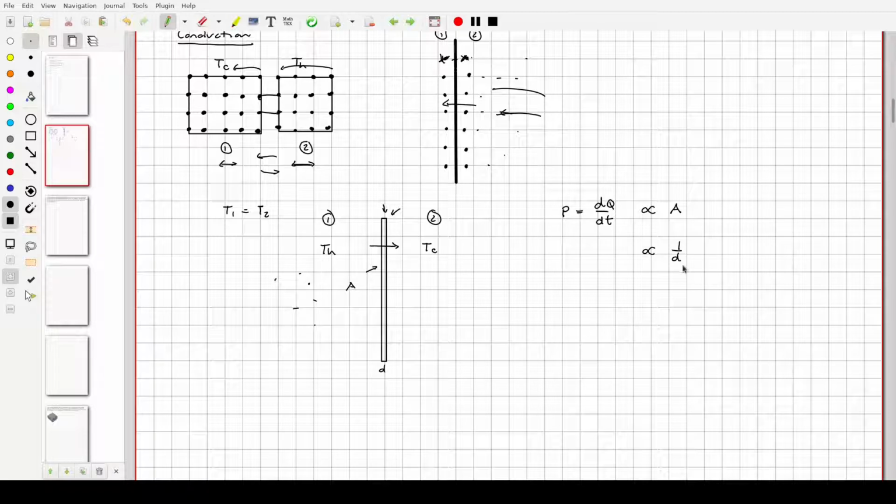So in a situation like this, for a big D, overall this is small. All right? So it's an inverse relationship. And if you look at this empirically, if you test it, you'll discover that there's an inverse relationship here. So this is an empirical statement.